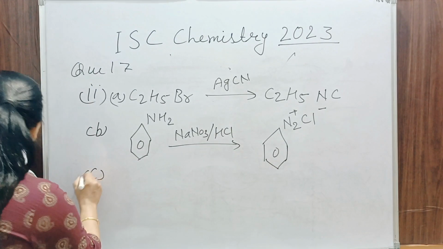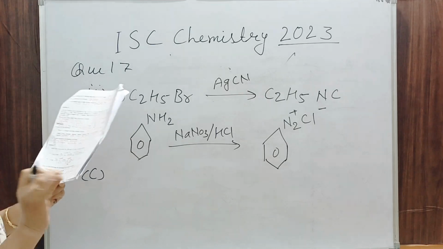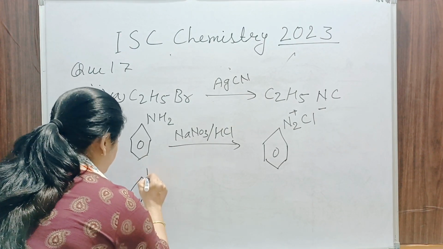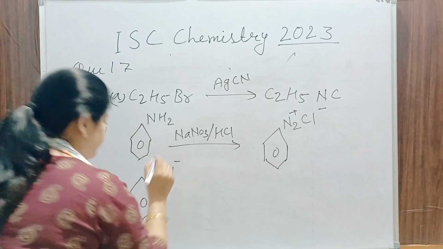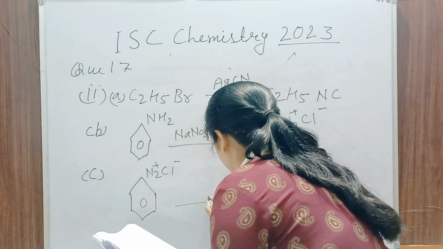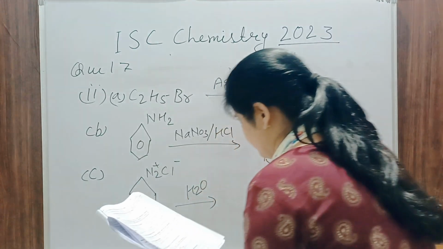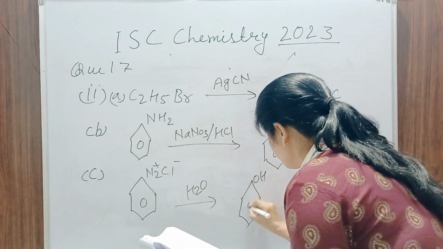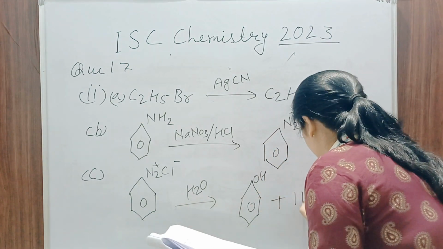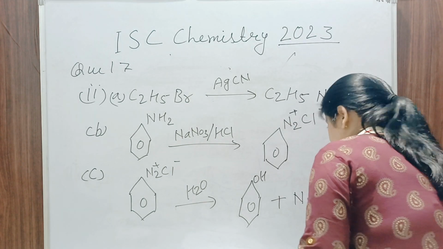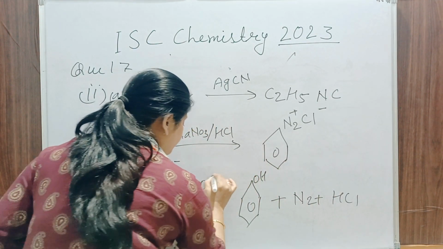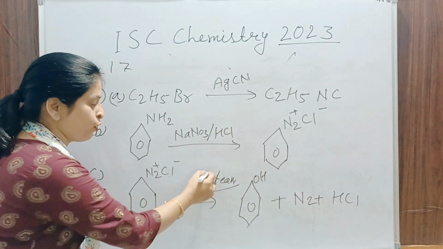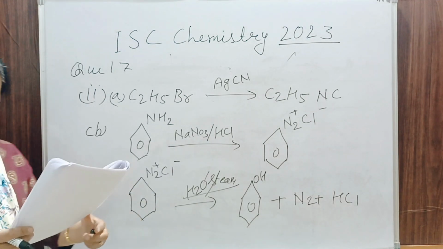Then C: benzene diazonium chloride to phenol. How can we convert? Benzene diazonium chloride, C6H5N2+Cl-, with H2O in the form of steam will be changed into phenol, then N2, then HCl. So we have to put H2O in the form of steam. So these are the chemical equations.